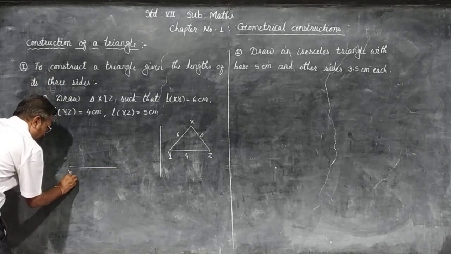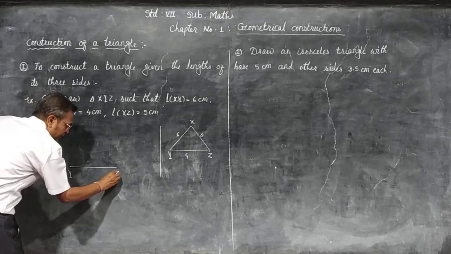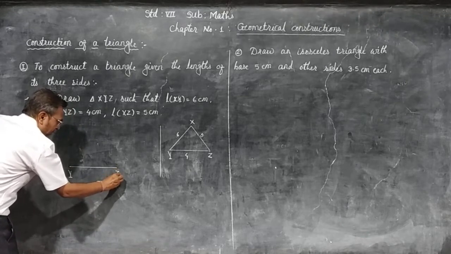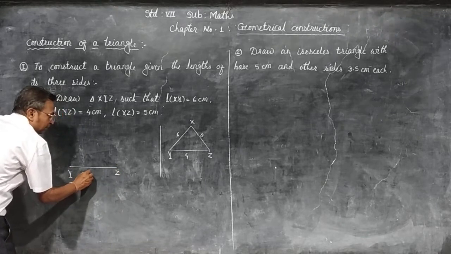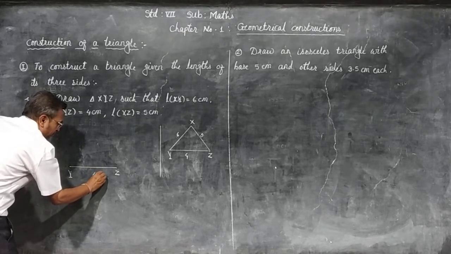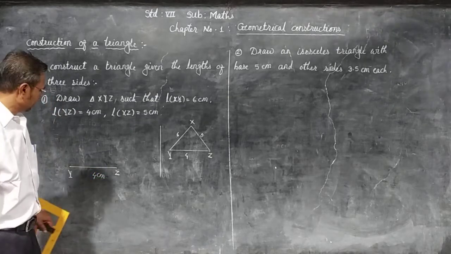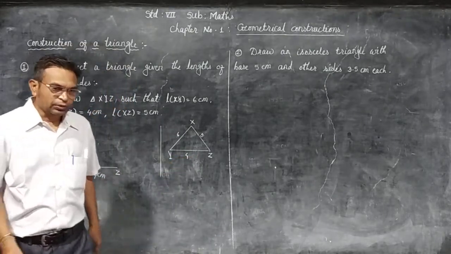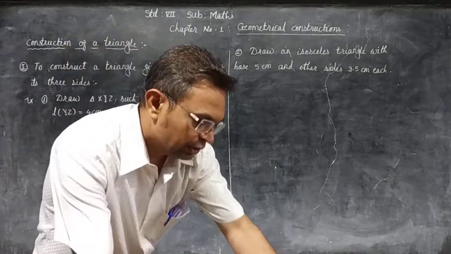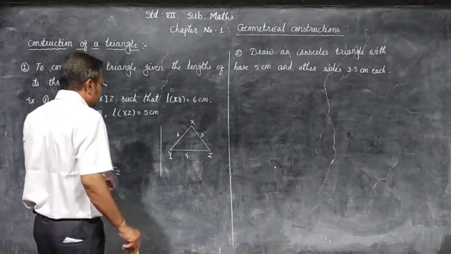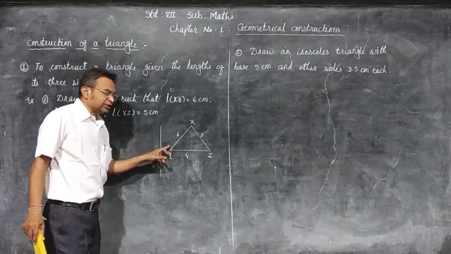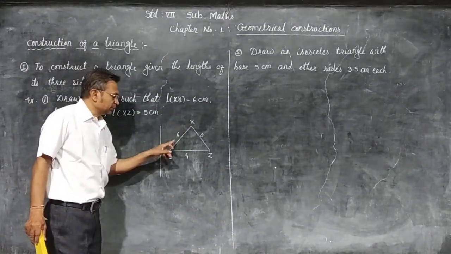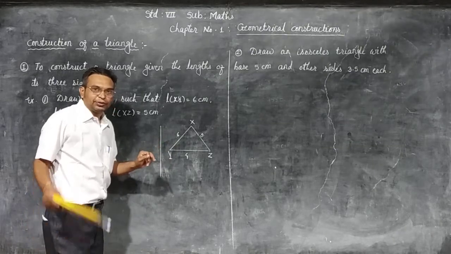Y, Z. Repeat this and follow me to construct the triangle. Okay. YZ is 4 cm. Now, take a compass and see the length of XY. The length of segment XY is 6 cm.